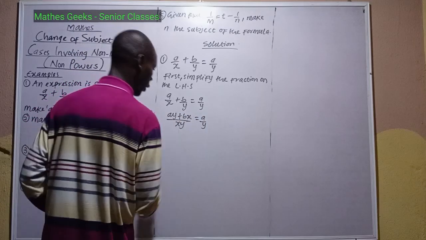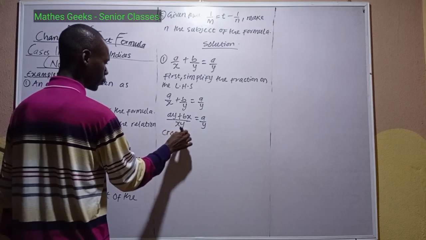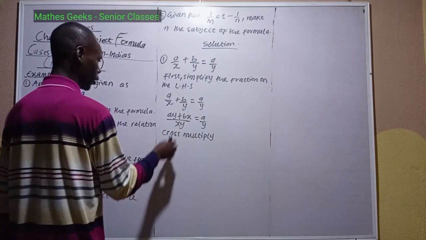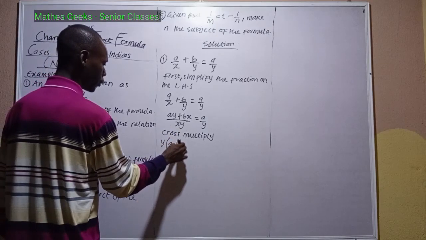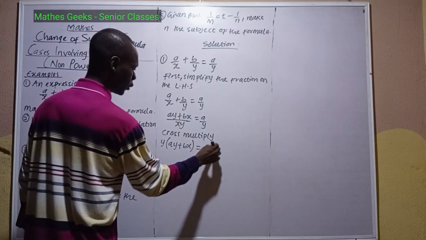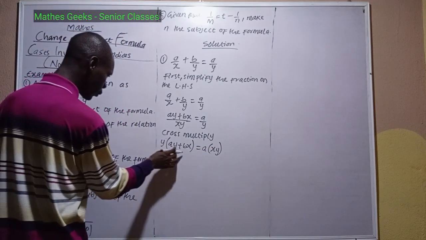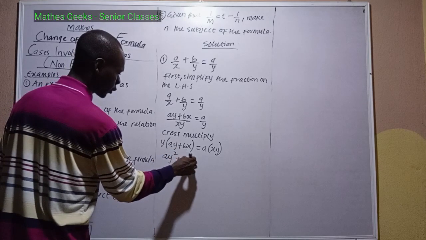So PY plus BX over XY equals E over Y. So we say cross multiply. Let's multiply. So E times XY equals Y times PY plus BX. We expand: EXY equals PY squared plus BXY.